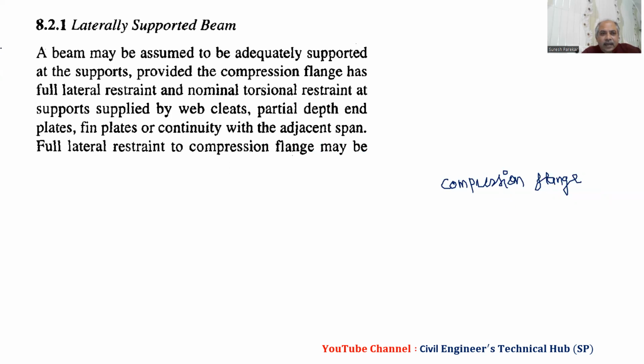You can read over here: a beam may be assumed to be adequately supported at the supports, provided the compression flange has full restraint and nominal torsional restraint at the support supplied by web cleats, partial depth end plates, fin plates, or with adjacent spans.